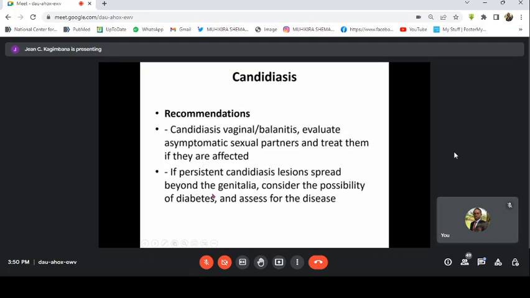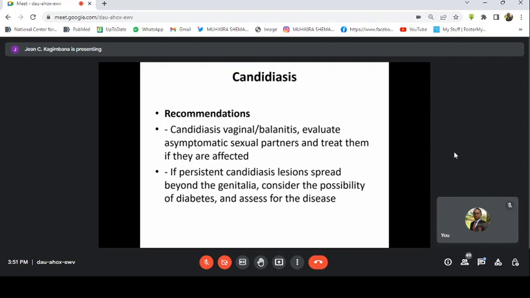Recommendation: for candidiasis, vaginitis or balanitis, evaluate asymptomatic sexual partners because it is contagious. I consider this a sexually transmitted infection, STI. If persistent, or the candidiasis lesions spread beyond the genitalia, consider the possibility of diabetes.